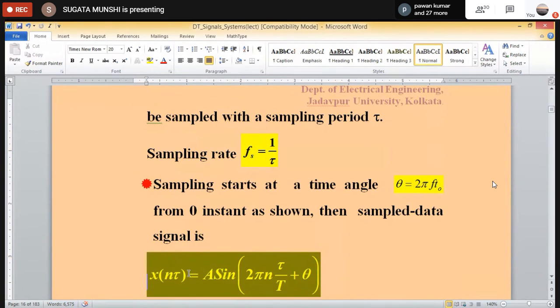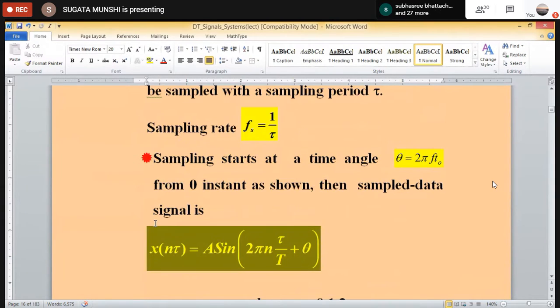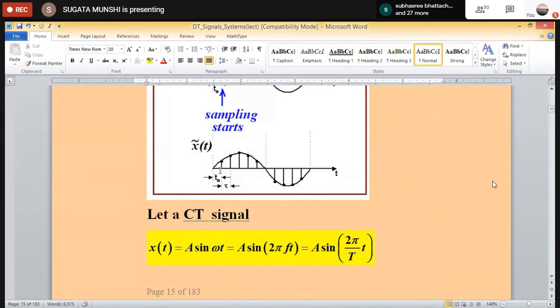Yes, you assign different values to n equal to 0, 1, 2, 3, 4, etc. So x(0) is A sine theta. All right. x(tau) is this sample. x(2 tau) is this sample. x(3 tau) is this sample. x(4 tau) is that sample. You understand?